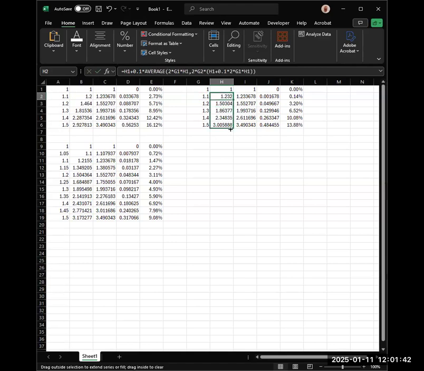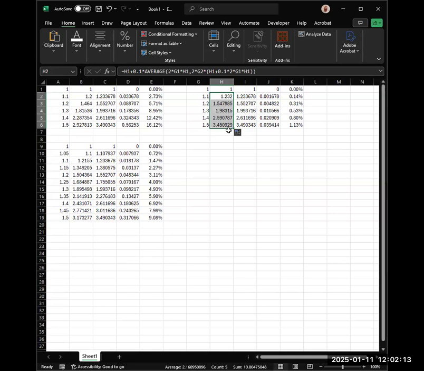Let's go ahead and drag that down now, and you'll see that all of our y values are going to update to those in the table here. So we have 1.5479, 1.9832, 2.5908, and 3.4509 as our new approximations for y.